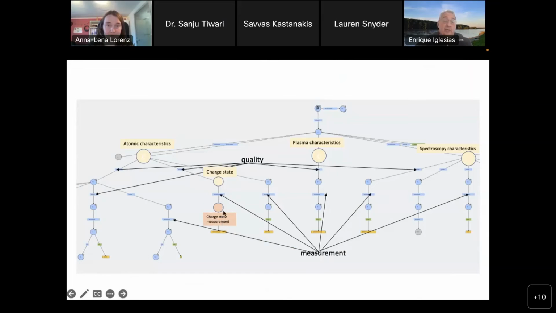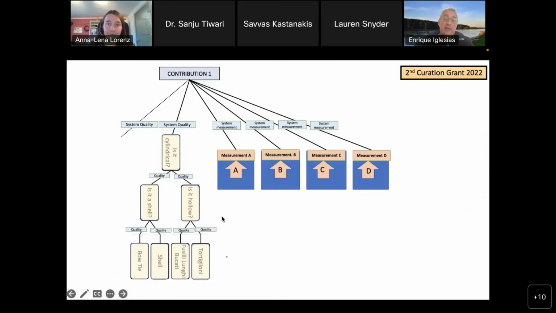And as I said, we need to have a unique connection between this and this. And when we go to the next contribution, that's very hard unless we uniquely identify these elements.